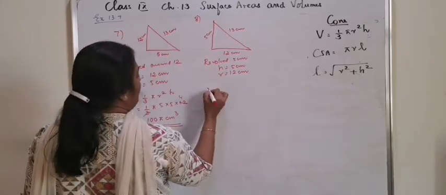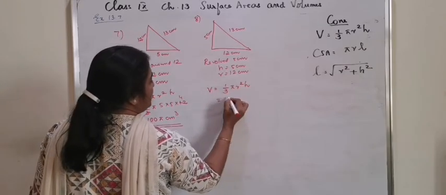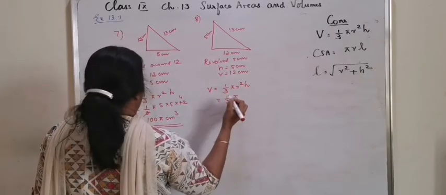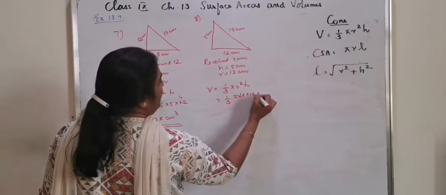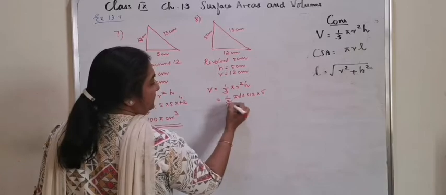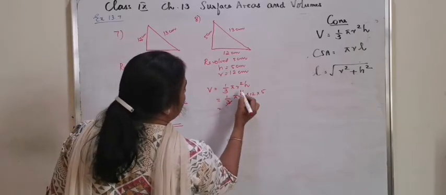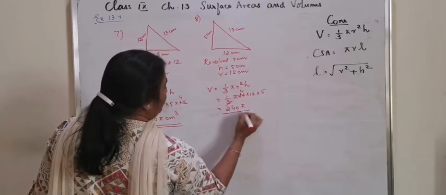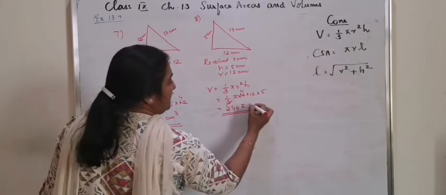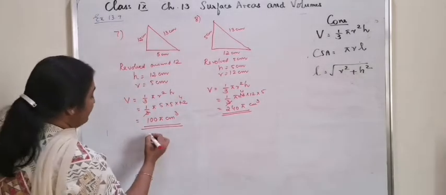Volume is equal to 1 by 3 pi r square h, which is 1 by 3 pi into 12 into 12 into height 5, or 3 and 12 is 4, 12 4s are 48, 48 into 5, 240 pi centimeter cubed.